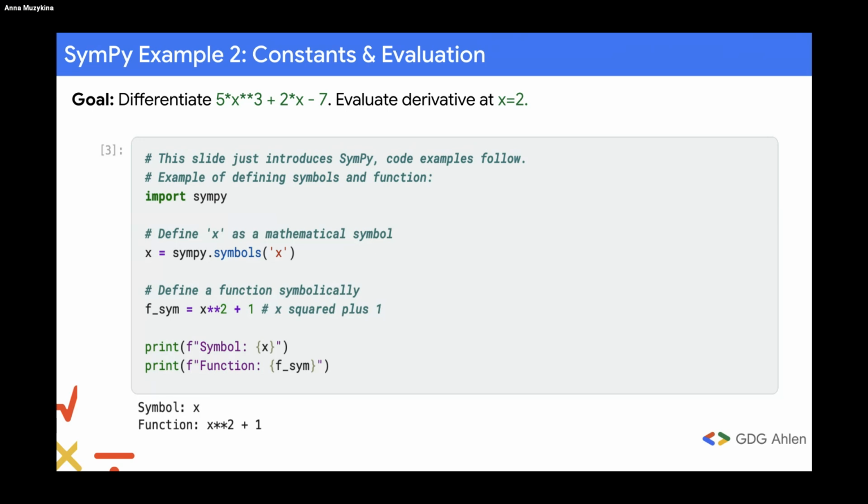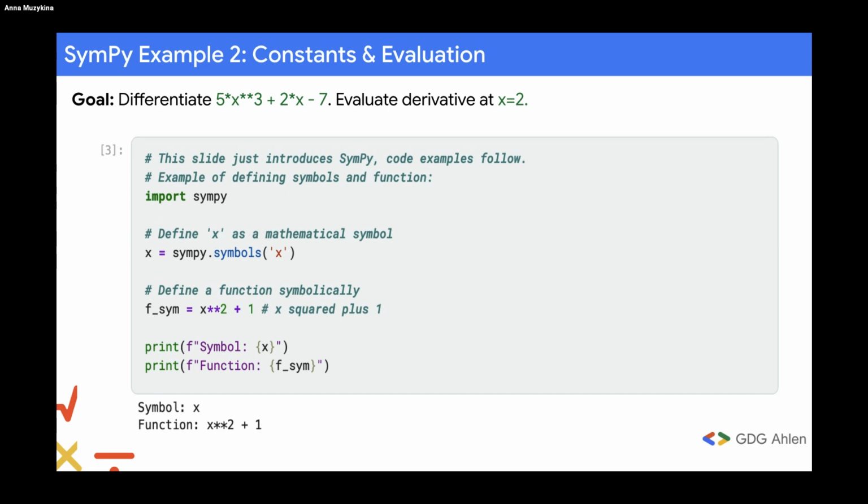Now, how do we find the slope, the derivative's value, at a specific point, say x equals 2? We take the derivative expression f3 prime and use its subs function, for substitute.